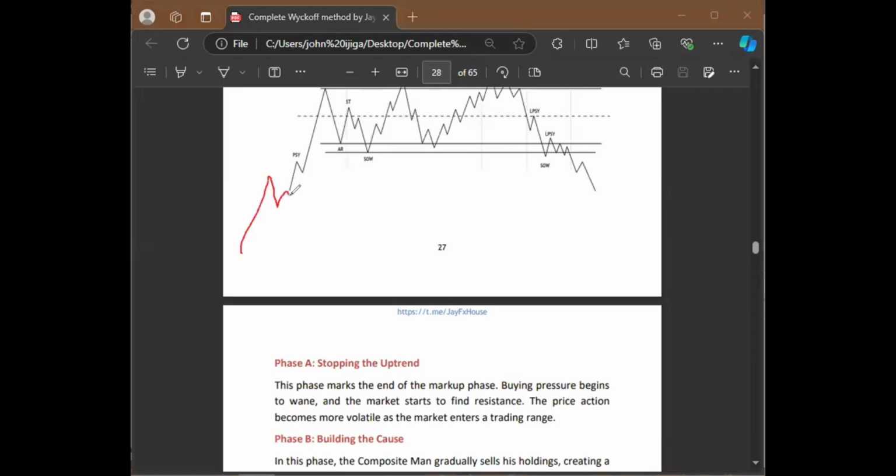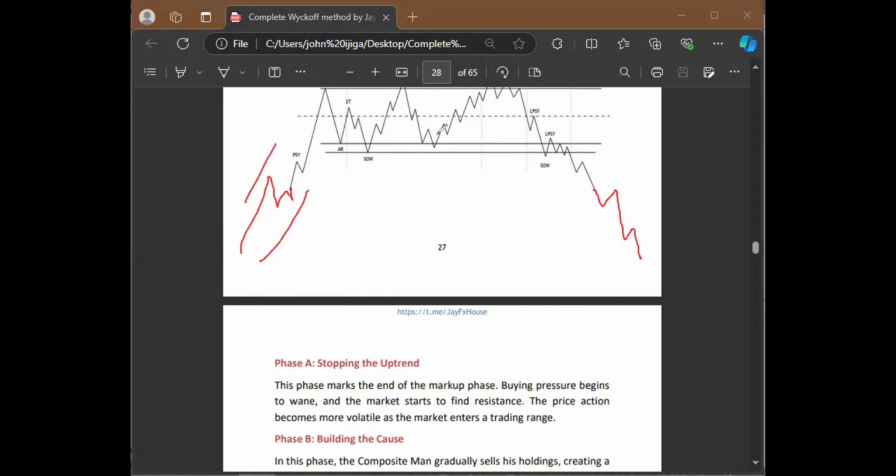This is in a distribution, right? This is a distribution because the distribution happens within premium for the trend to head down. So this will be the end of this uptrend and the beginning of an accumulation.